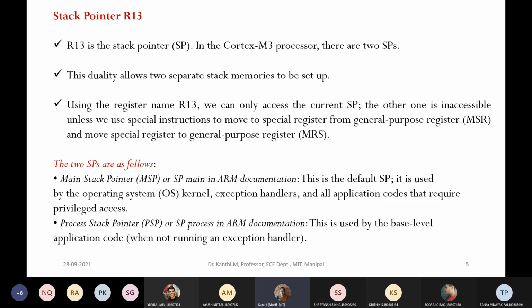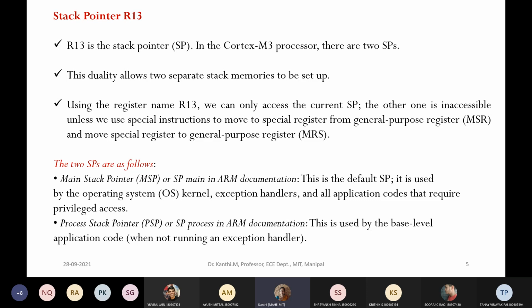The two stack pointers are the main stack pointer and the process stack pointer. Your main stack pointer is the default one. It is used by your operating system kernel, exception handlers, and all your application code that requires privileged access. Please note this. So this is used at the operating system level. And you have a process stack pointer.